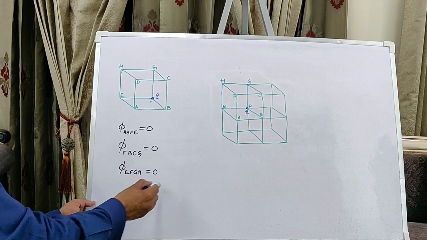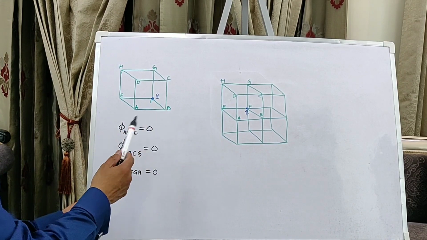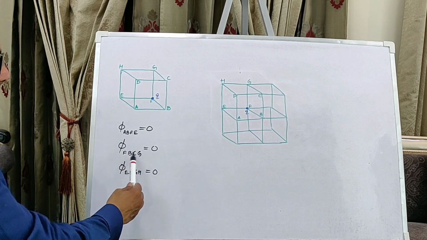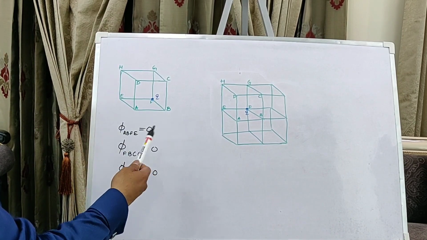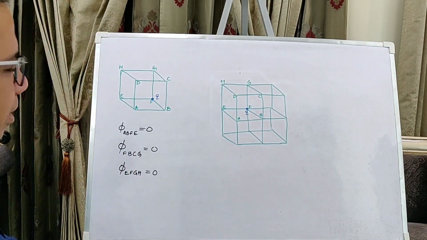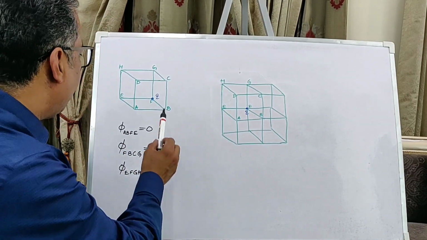The charge is in contact with these three, and the field at any point on these three faces will always be tangential to these surfaces, and therefore the flux comes out to be 0.